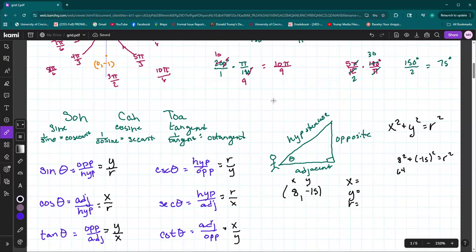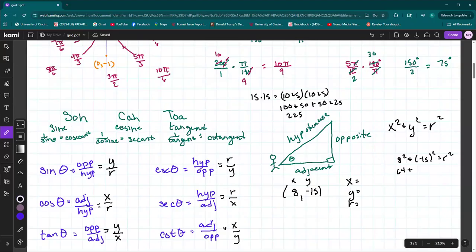So 64 plus 15 squared. If you don't know it, 15 squared is 15 times 15, which is 10 plus 5 times 10 plus 5, which is 100 plus 50 plus 50 plus 25, which is 225.